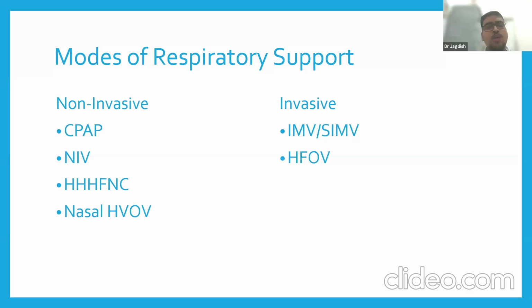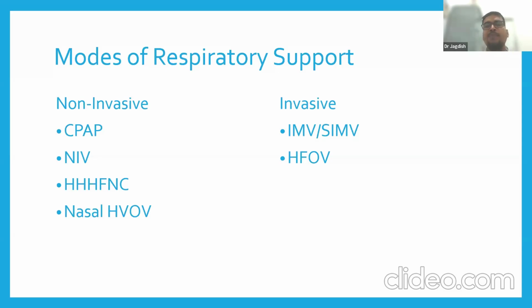So NIV, which group of babies? NIV is used where we want to have some control of the respiration. Like if the baby is breathing, but the breathing effort is not that good, and we don't want to intubate the baby, to avoid the complications of invasive ventilation, then we can put the baby on NIV.